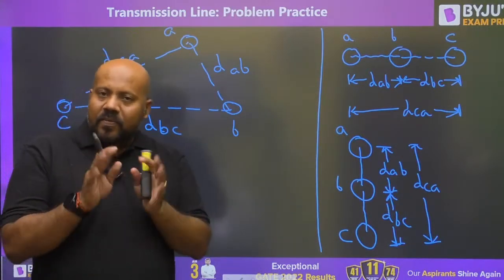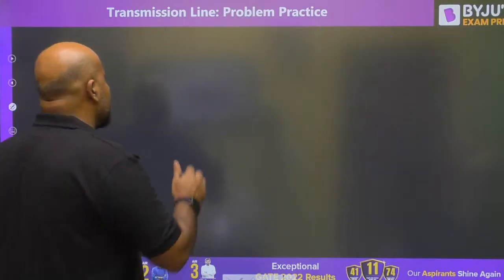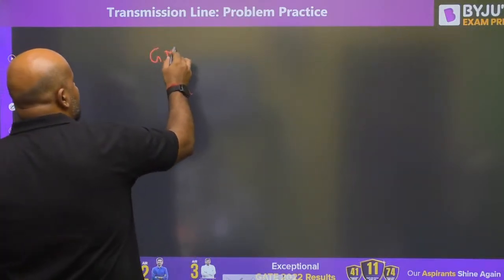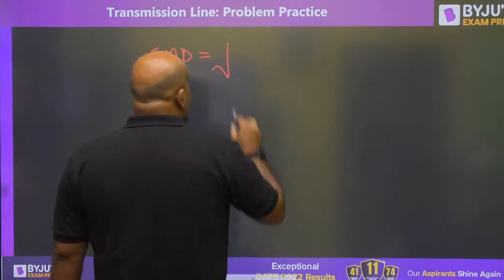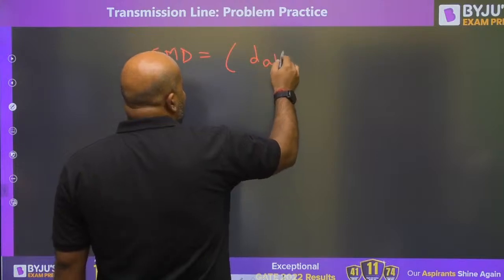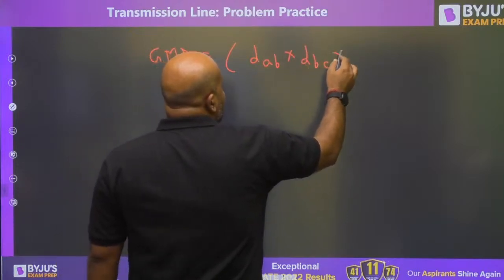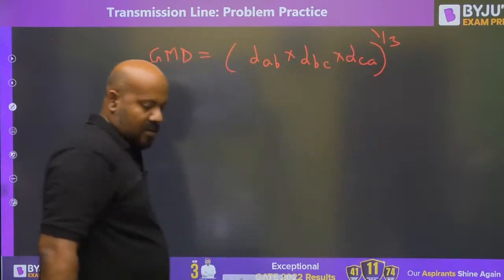Now, whatever type of 3-phase construction you have, you can directly write the shortcut. GMD is the cube root of DAB times DBC times DCA. The story is over.